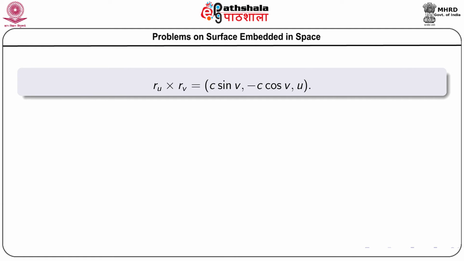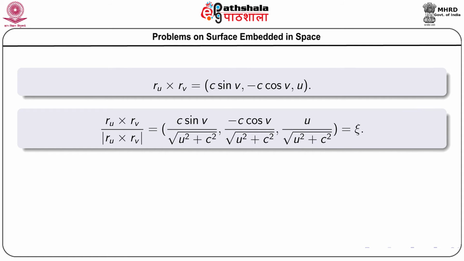So, R u cross R v, we have obtained this one, c sin v, minus c cos v, u, and xi is this one, c sin v by root over u square plus c square, minus c cos v by root over u square plus c square, and u by root over u square plus c square. So, this is the unit surface normal vector for the right helicoid.